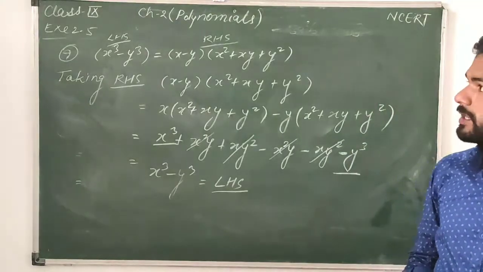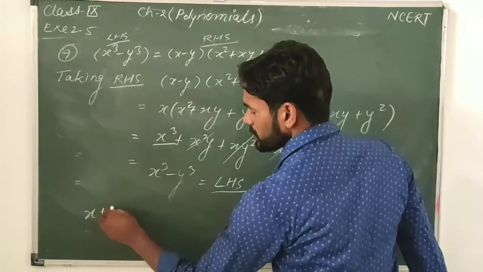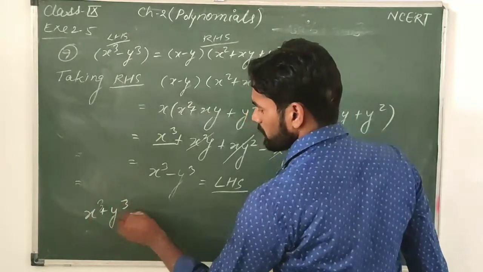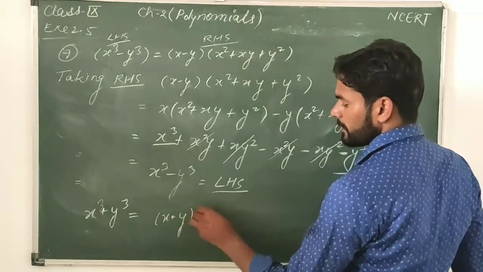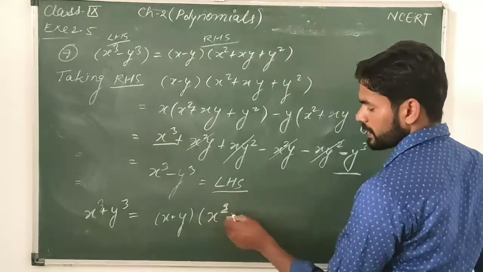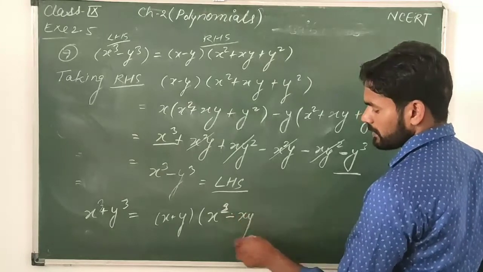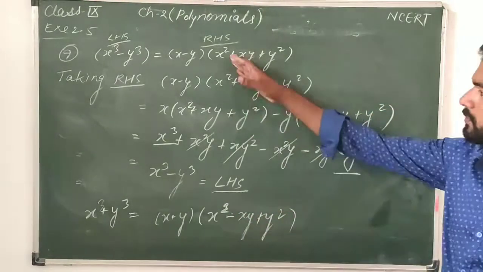One part of this question is remaining, which is prove that x cube plus y cube is equal to x plus y into x square, here minus will come, xy plus y square. The system is the same for this.